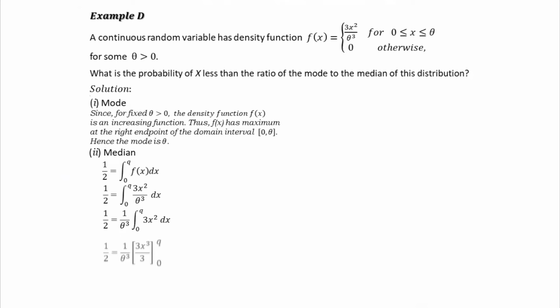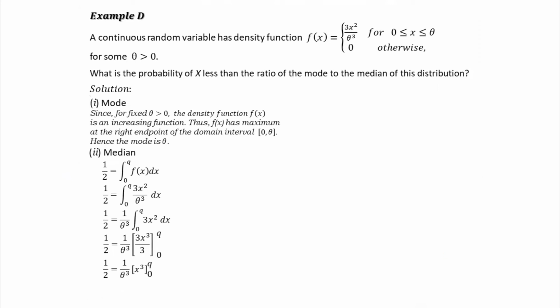And we know that the integral of 3x squared is 3x cubed over 3. And this will be evaluated from the limits of integration of 0 to q. Now, simplifying our integral, we have x cubed here.